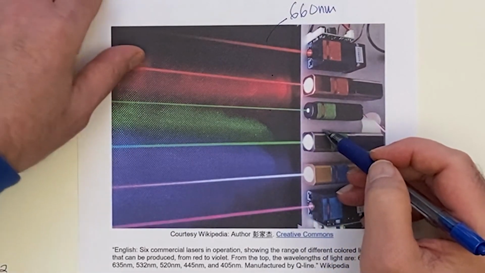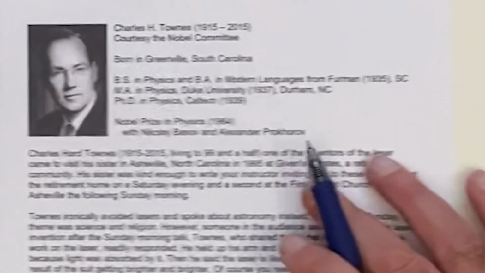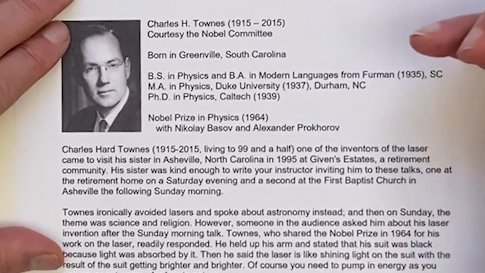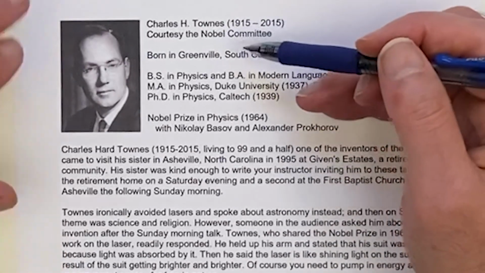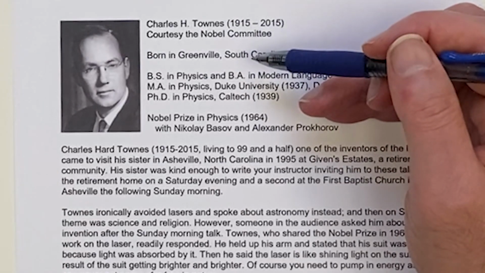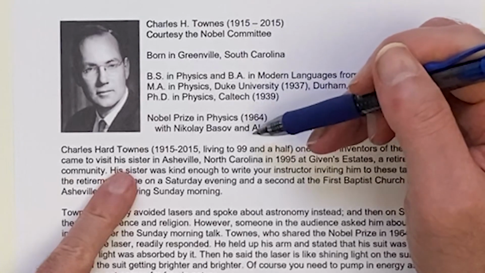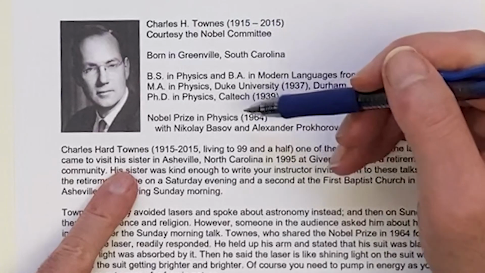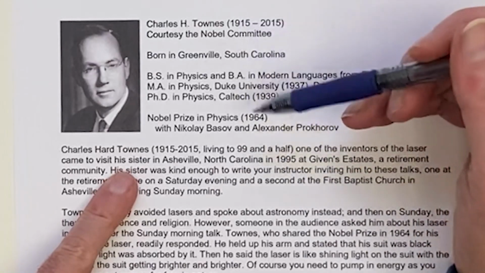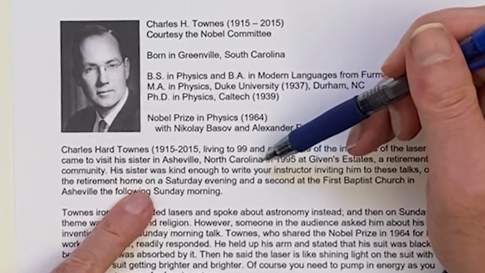Very, very impressive. One final comment on a personal note: Charles Townes, who won the Nobel Prize involving the laser, and I got to meet him. He came to Asheville because his sister lived in Givens Estates, nearby UNCA's Asheville area, and his sister invited me and physics folks to go watch his talk.